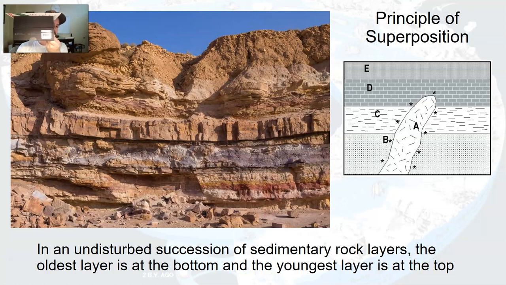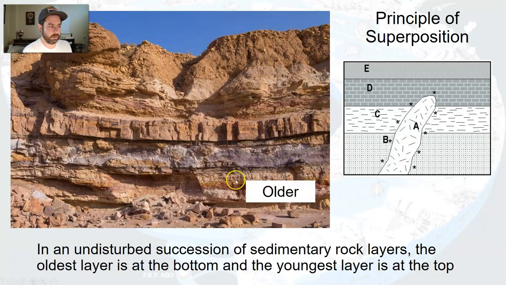Well, the bottom one. So which one's been around the longest in this pile? The bottom one. Well, kind of the same thing with rocks. If these are undisturbed, then the oldest layer of sedimentary rocks are at the bottom, youngest are at the top. That's the principle of superposition.